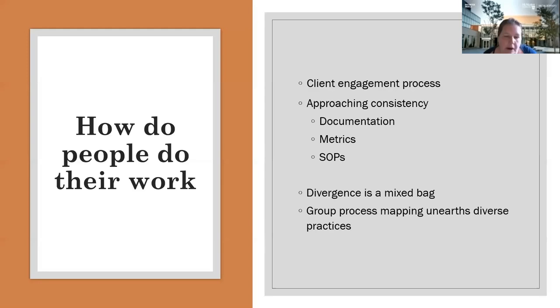So group process mapping exists to unearth what is actually happening in frontline engagement with clients and to understand the diversity of practices that different workers are using to be able to identify positive divergence, identify problematic divergence, and create a structured process for whoever is making the decision.